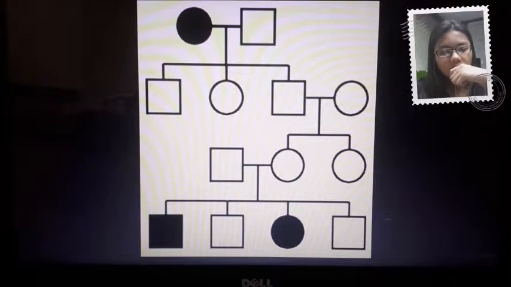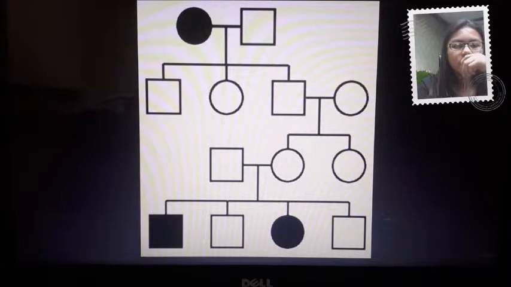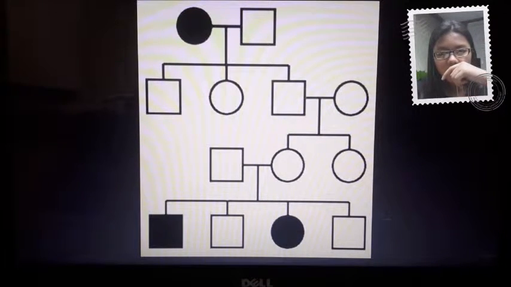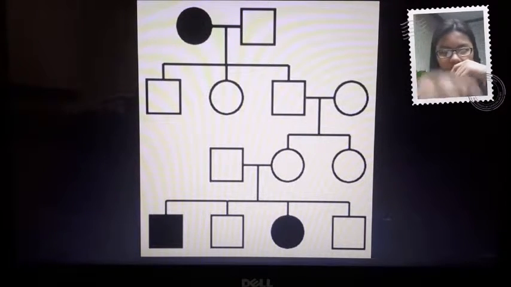Then again, the grandchildren also carry the trait, and then on the 4th generation, we can see that the recessive trait has again popped up from the children here at the 4th generation.